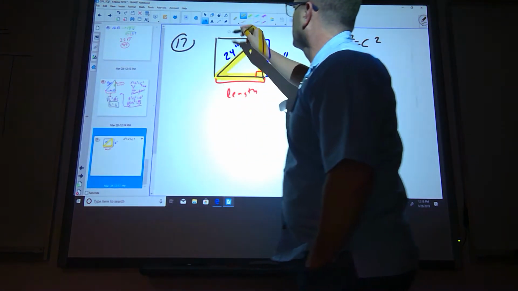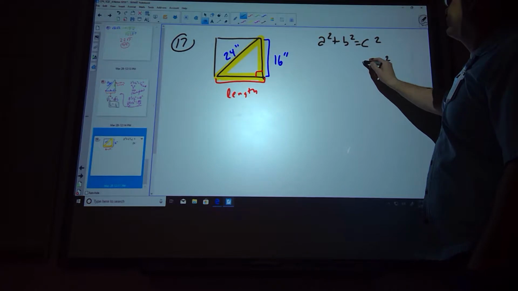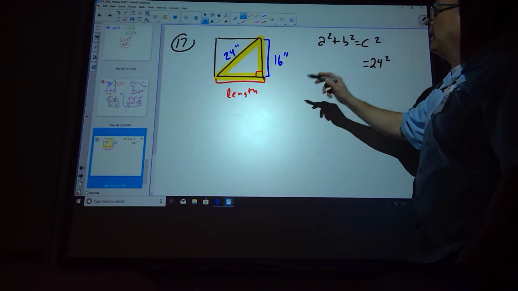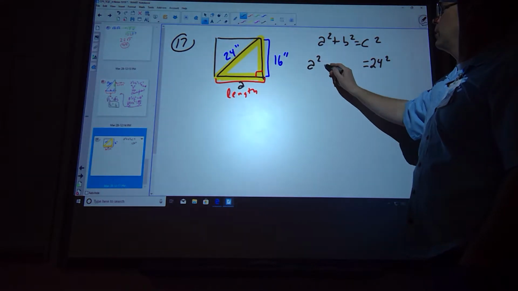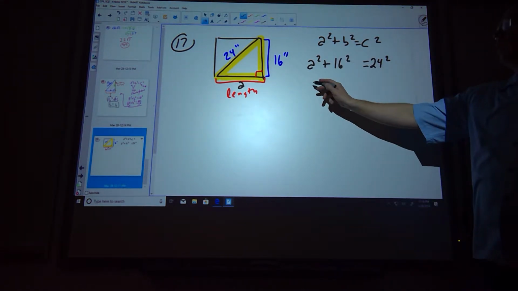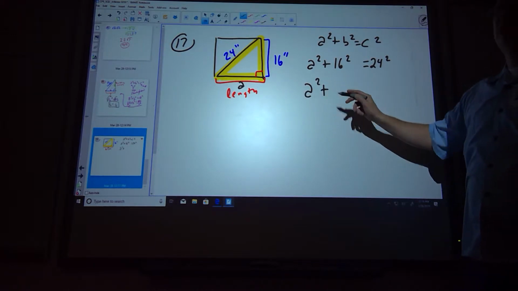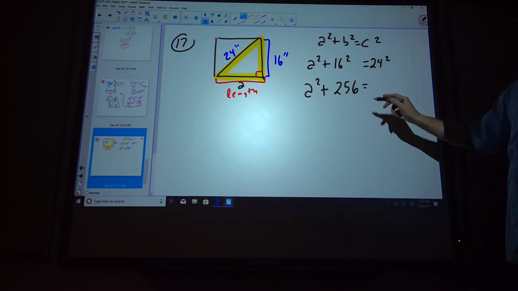So the hypotenuse is 24 squared. And then I guess I could call this my a value. So I have a squared plus 16 squared. So a squared, I don't know. 16 times 16, I believe, is 256. Does that seem okay?